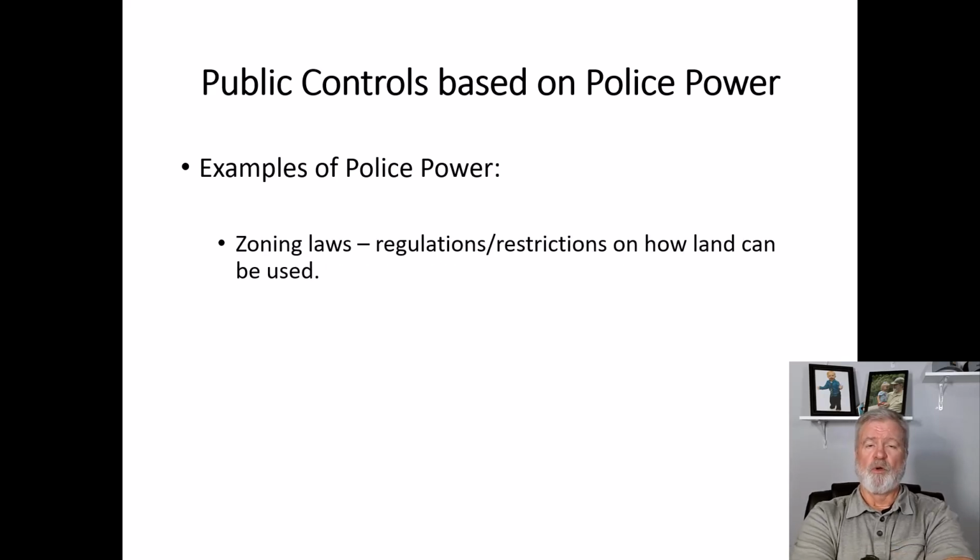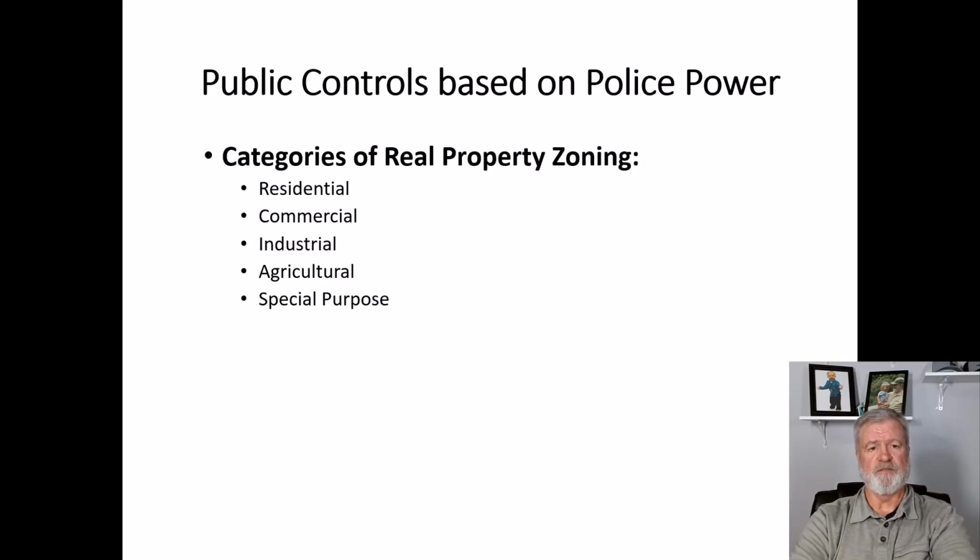Another example would be zoning laws. If you own land, you can't just do anything you want to do with it. You can only use it based on what it was zoned to be used for. There could be any number of zoning classifications or categories, and you see a few examples of those right now.